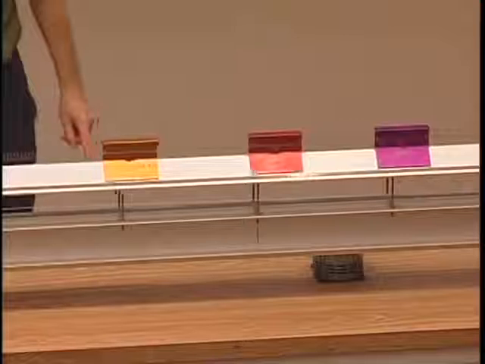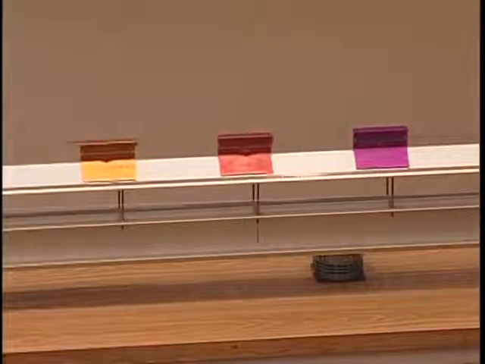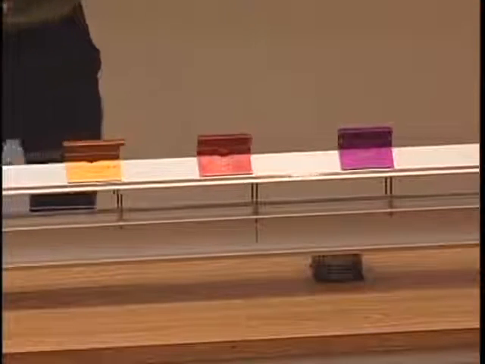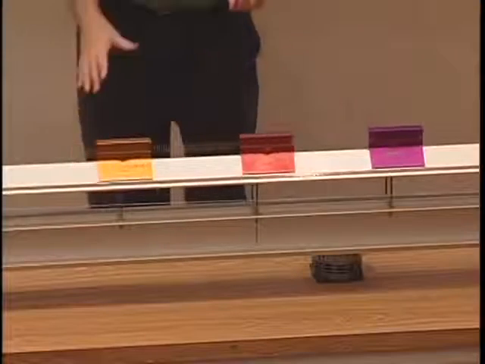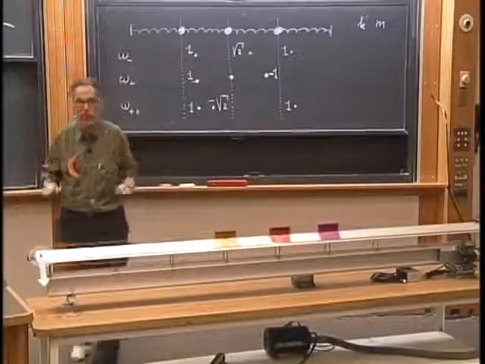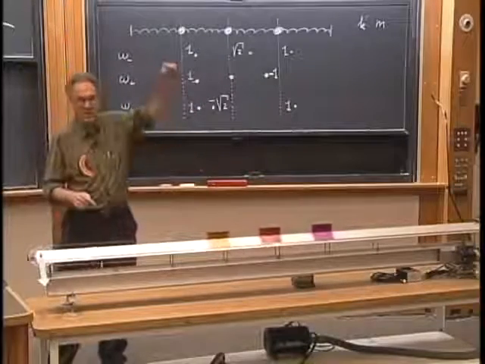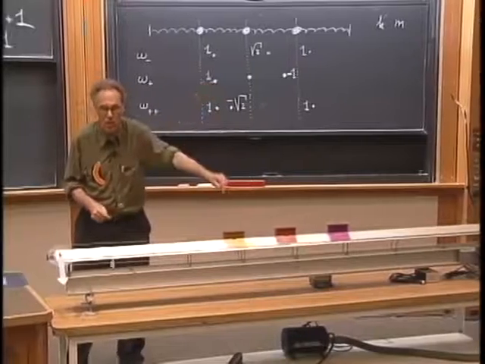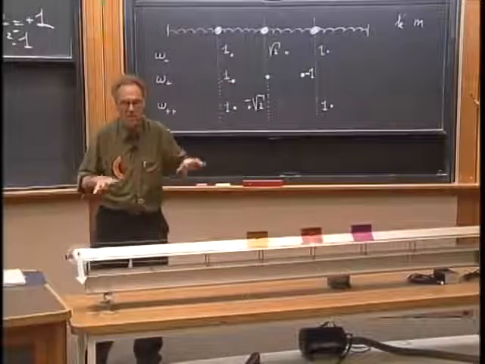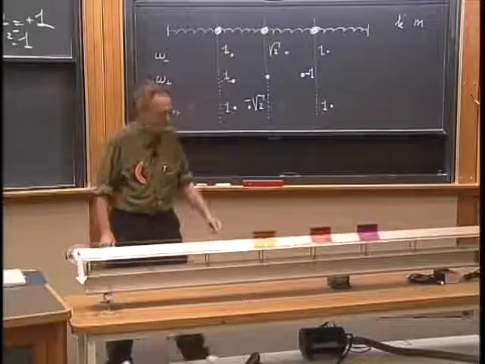That was a criterion for normal mode. They come to a halt at the same moment in time. They all have the same frequency. And the amplitude here is square root of 2 times larger. That is not so obvious. But this is a criterion for normal modes: same frequency and in phase.